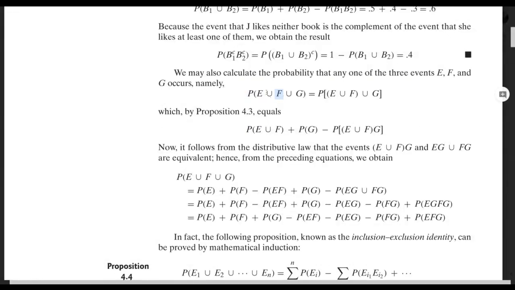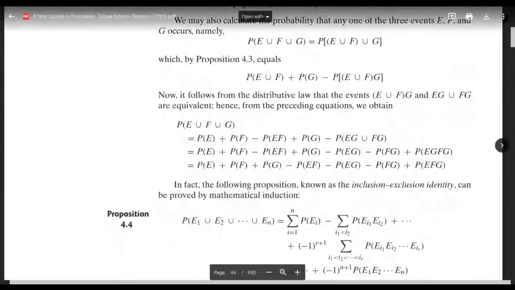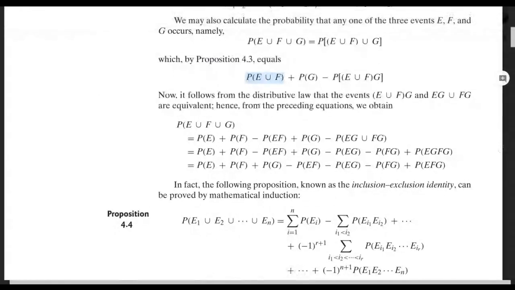We could treat E union F as one event. Then we're just treating this as the probability of one event, and do this.